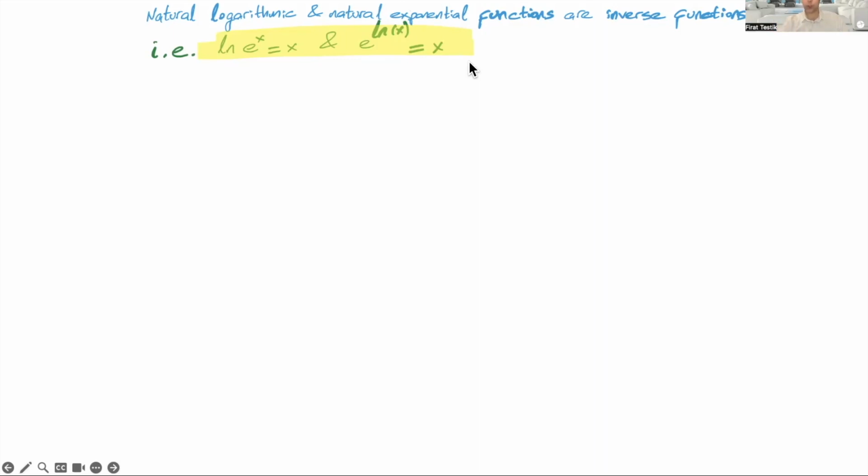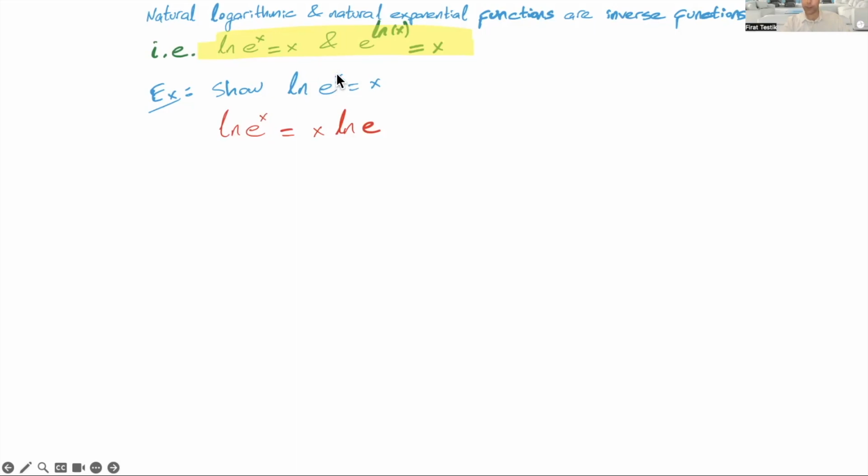So let's show that these equalities are valid expressions, so that these two functions are inverse functions. Now let's go first with the first term, ln e to the power x is equal to x. Let's focus on the left-hand side, ln e to the power x, using the properties that we discussed.